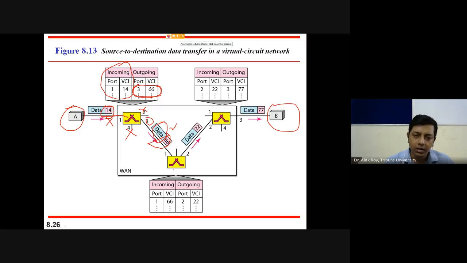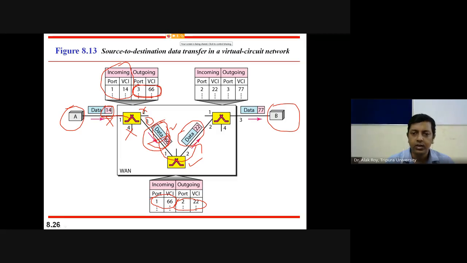Now for this switch, the table shows that for port 1 it will accept VCI 66, and for output it will use 22. So this data will be delivered and sent again, but with a new VCI, which is 22.